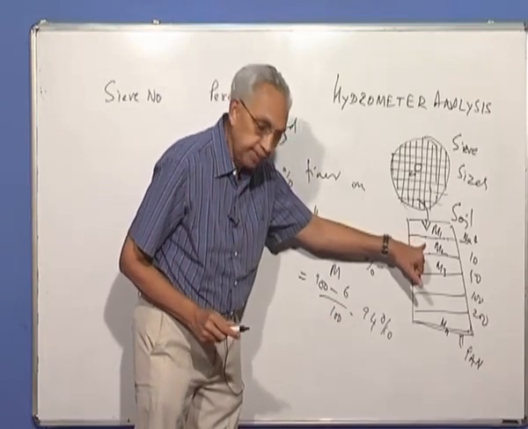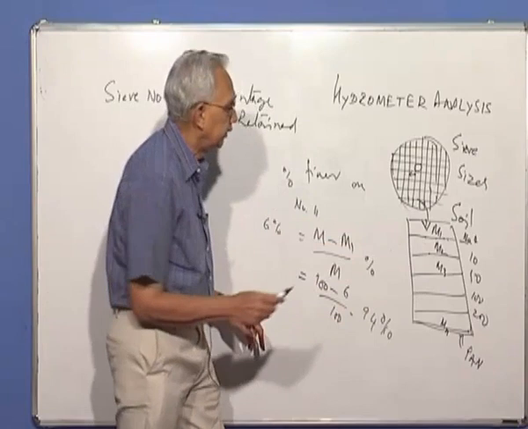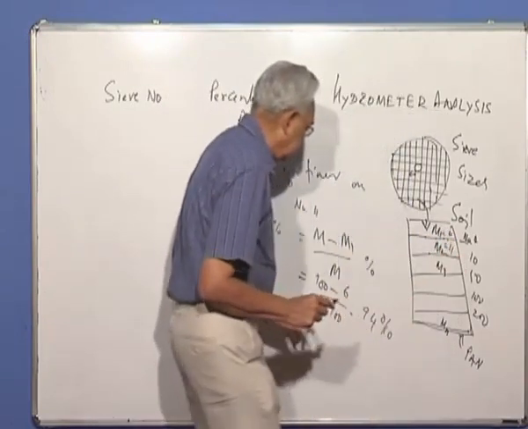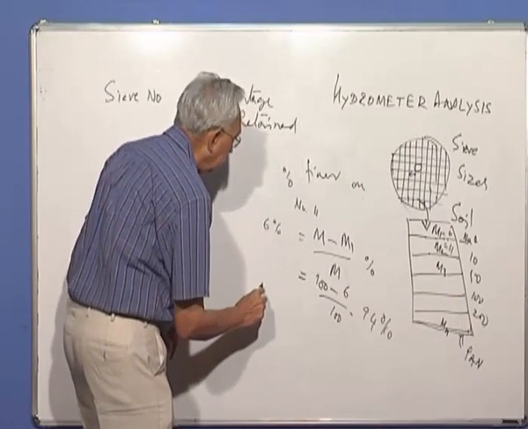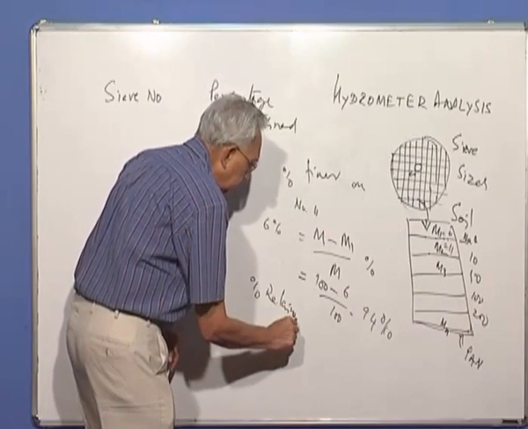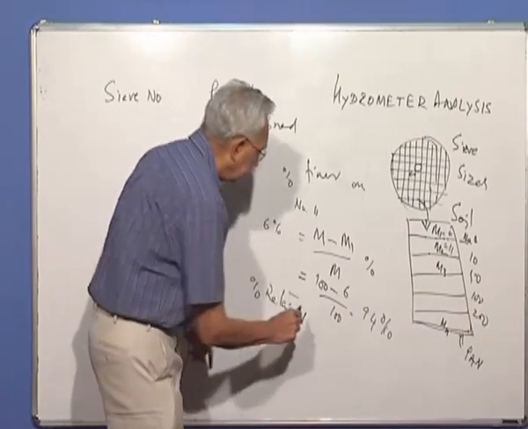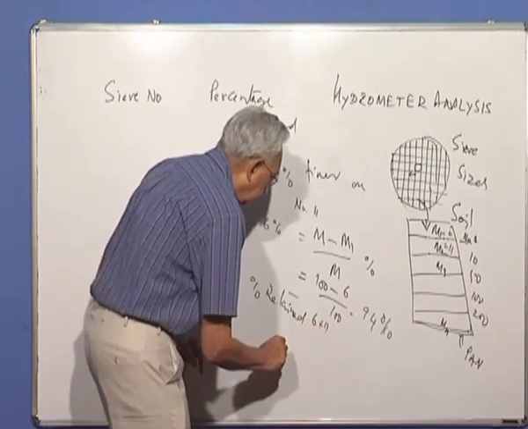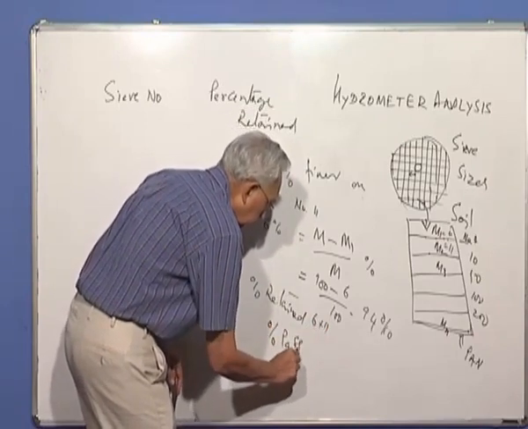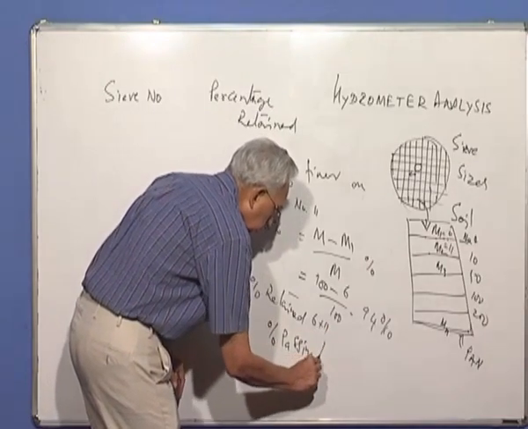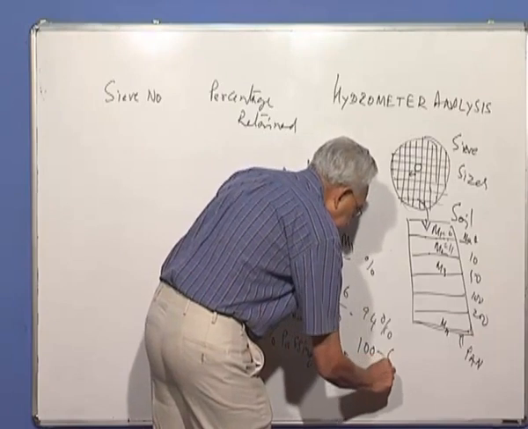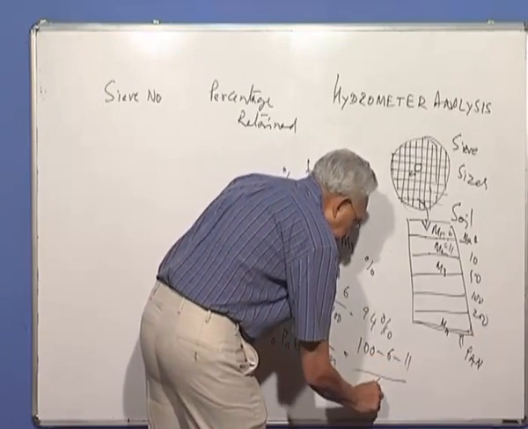Similarly, if I want for the second one, let us say we said this is 6 grams, this is equal to 11. So then in the second one, percentage retained is 6 plus 11 grams, or percentage passing through is equal to 100 minus 6 minus 11 by 100.